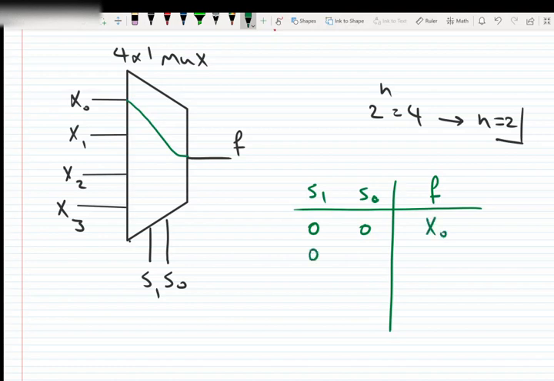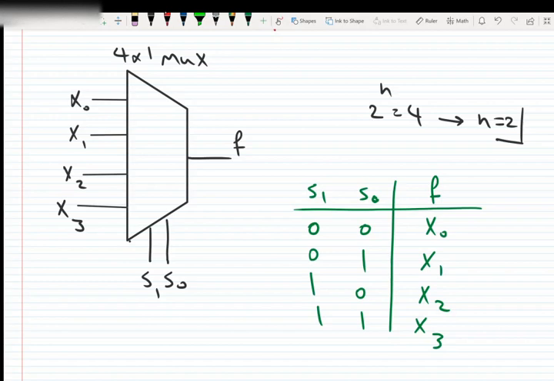If the control inputs are 0, 1, X1. If the control inputs are 1, 0, X2. And if the control inputs are 1, 1, the output will be X3. So this one is a schematic design of a 4 by 1 multiplexer.